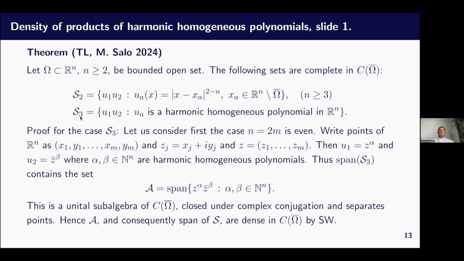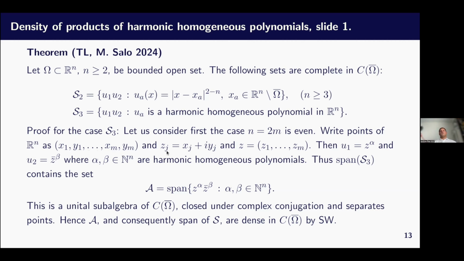So let's prove the claim for this S3. We claim that products of harmonic polynomials are a complete set in C(omega). And we split that into 2 cases: the case when the dimension of Rn is n, and n is even. That is the first case, and then we consider the odd case after that. So in this even case, we write points of Rn as x1, y1, x2, y2, and so on, xm, ym.